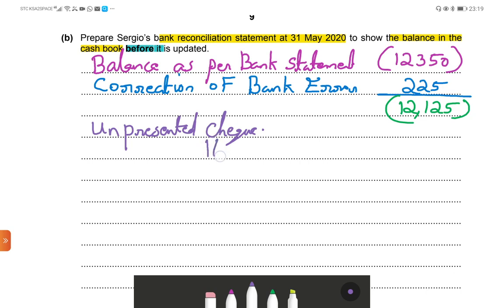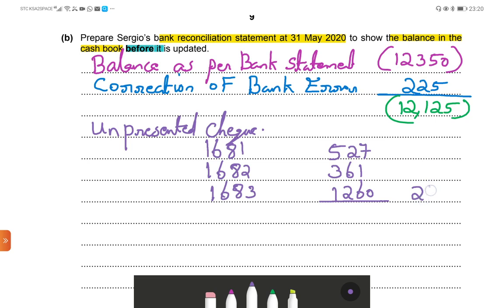1681, 1682, 1683. This is the cheque number. The amounts are 527, then 361, 260. The total is 2,148.